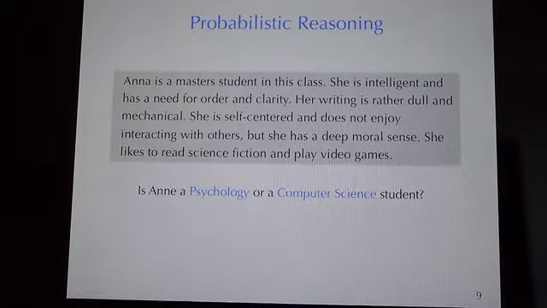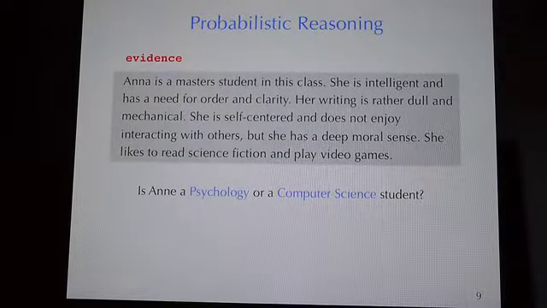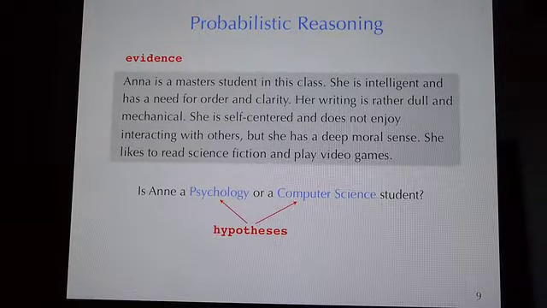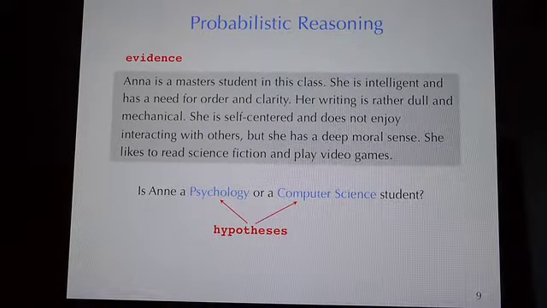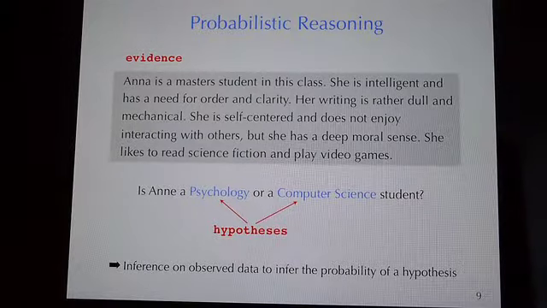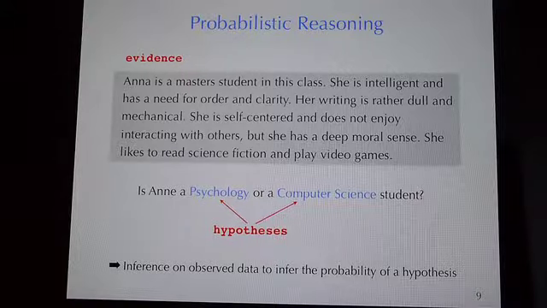So in this case, we are given some evidence. The box at the top is basically the evidence or observation about the characteristics of Anna. And then we have two hypotheses to choose from. One hypothesis is that Anna is a psychology student, and the second hypothesis is Anna is a computer science student. So what we need to do is to do some form of inference on observed data to infer the probability of a hypothesis.